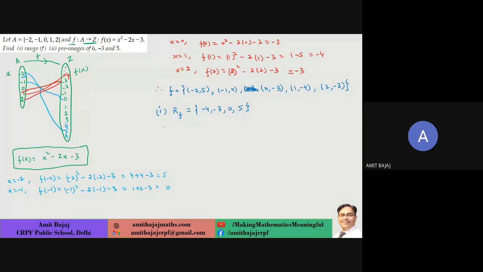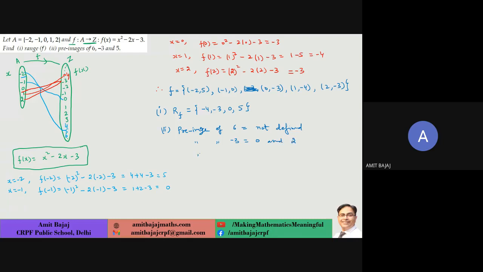Right. Next, second part, pre-image is asked. Pre-image of 6. What is the pre-image of 6? Not defined. That is not defined. Similarly, the pre-image of -3, 0 and 2.